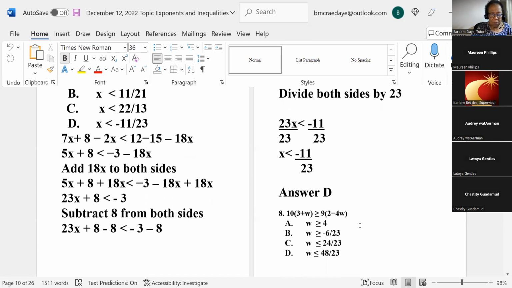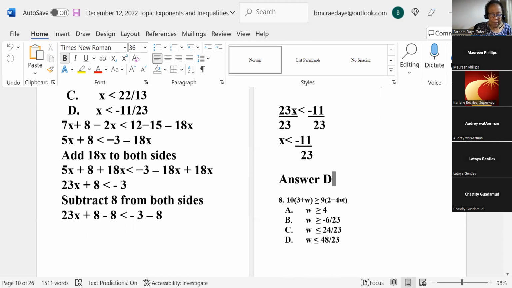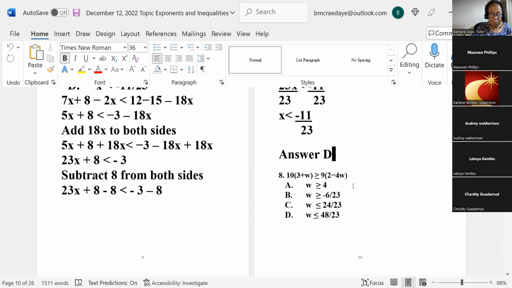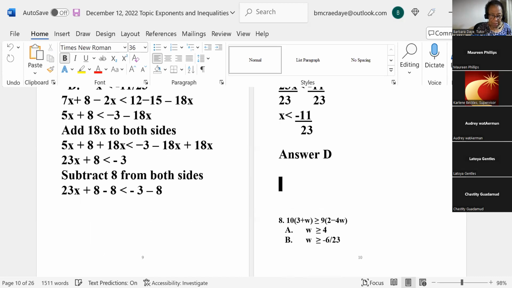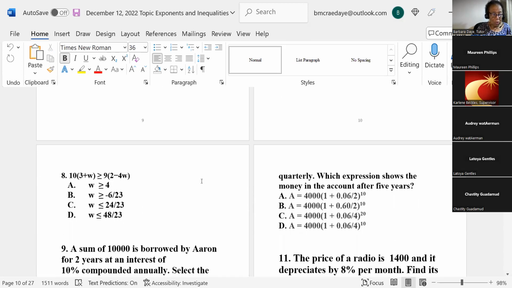Okay. Now, I want you to do number 8. I'll put it over on the next page. Remember, you will be multiplying a number by what's in parentheses.